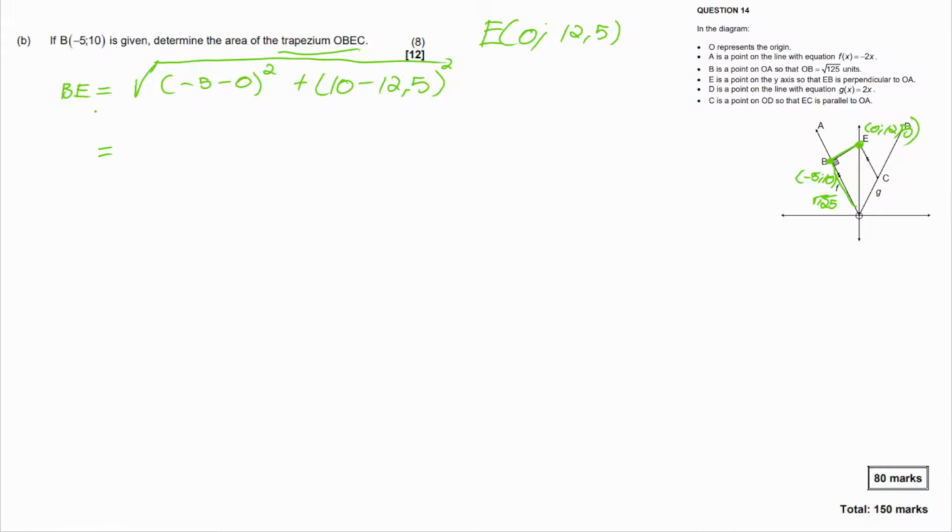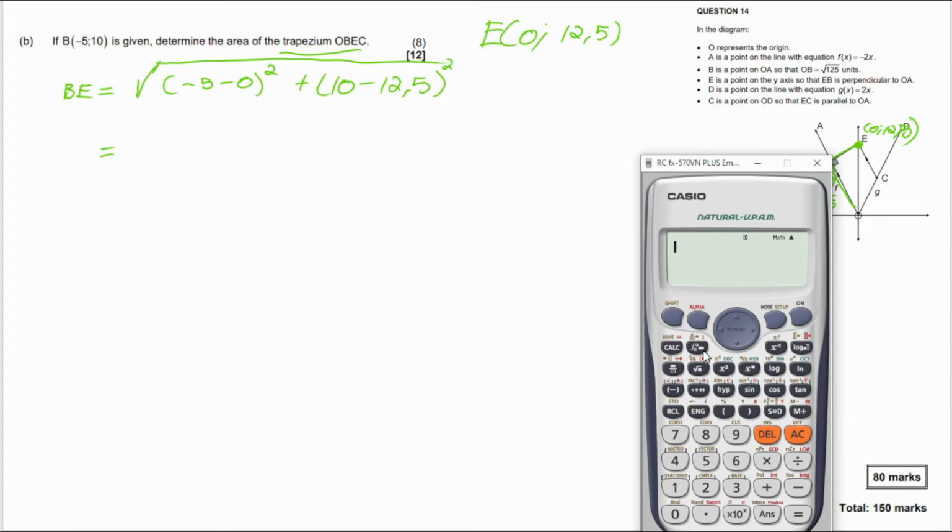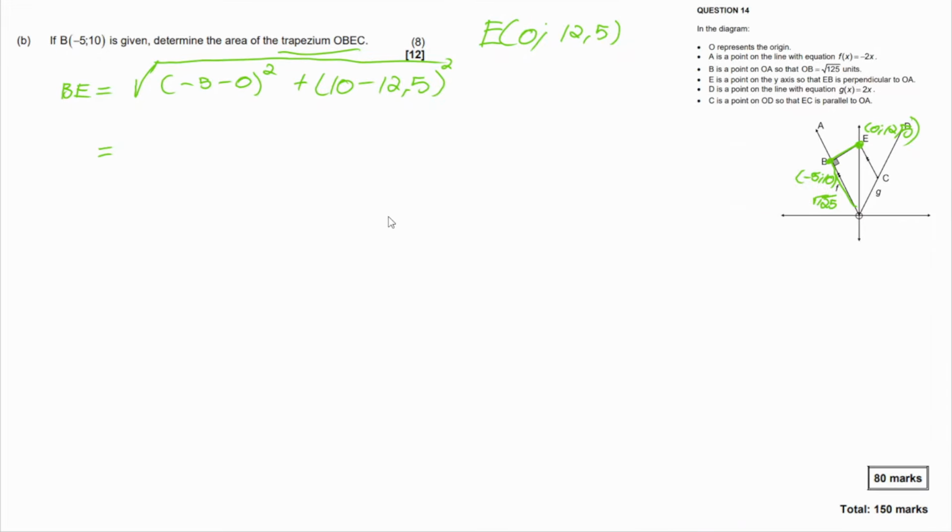If I put this in my calculator, I get minus 5 squared plus 10 minus 12.5 squared, and I get this thing over here. I'm not going to show it rounded, so it's 5 root 5 over 2 units.